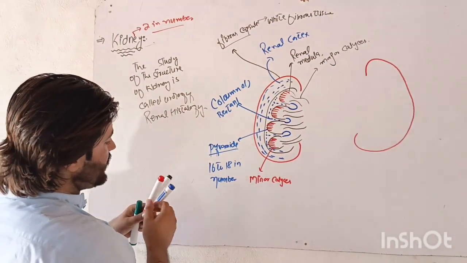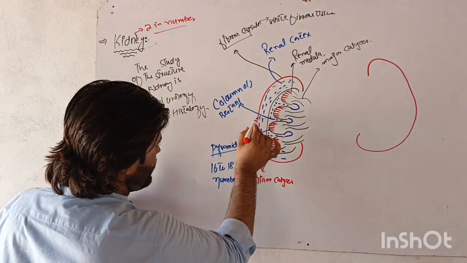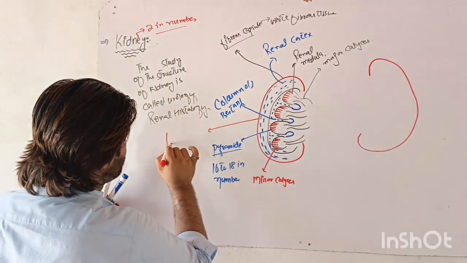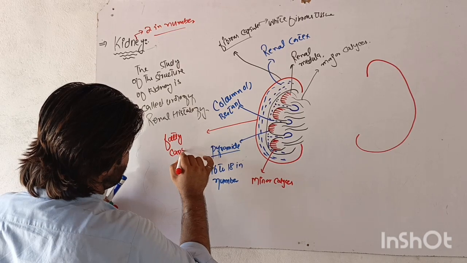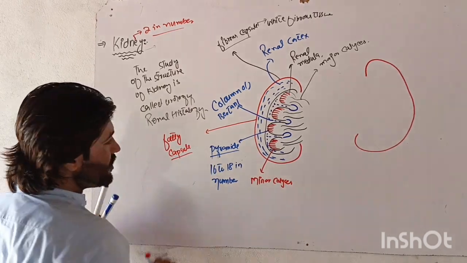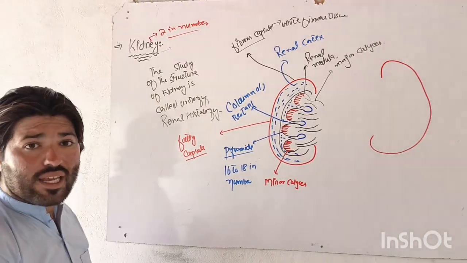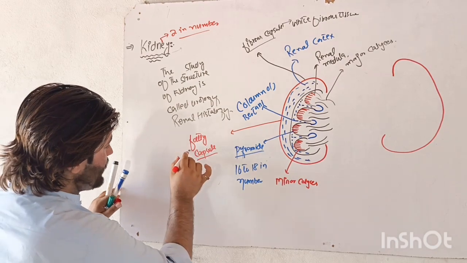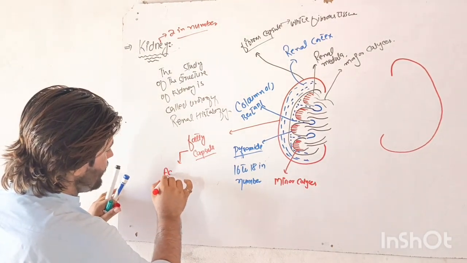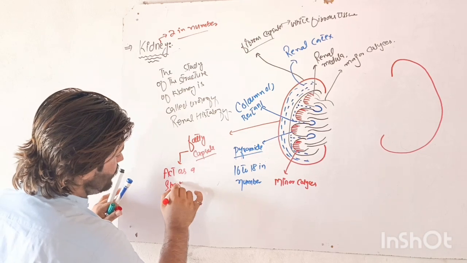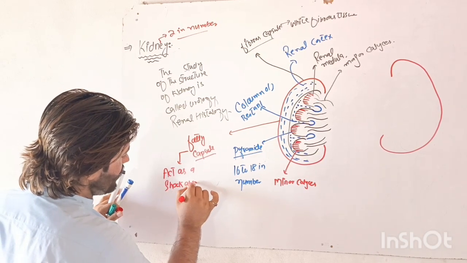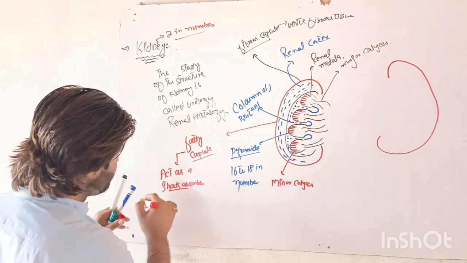And that part of the kidney is the fatty capsule. The fatty capsule acts as a shock absorber.